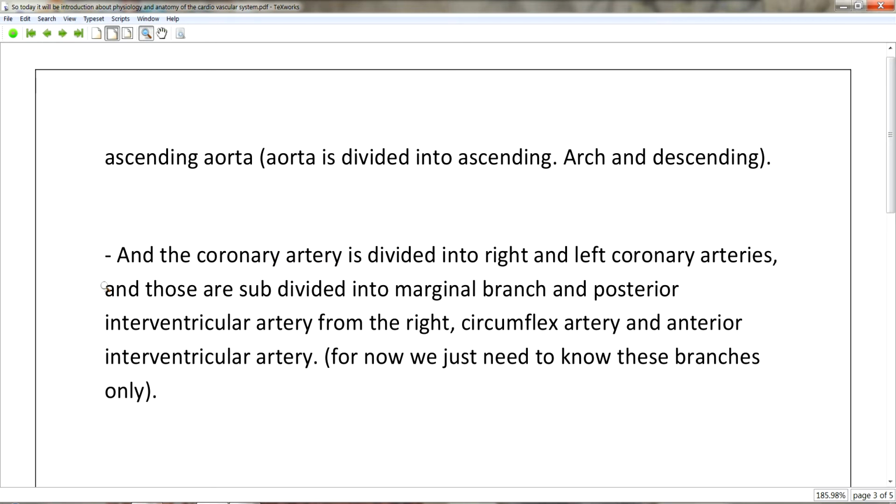The coronary artery is divided into right and left coronary arteries, which are subdivided into the marginal branch and posterior interventricular artery from the right, and the circumflex artery and anterior interventricular artery from the left.